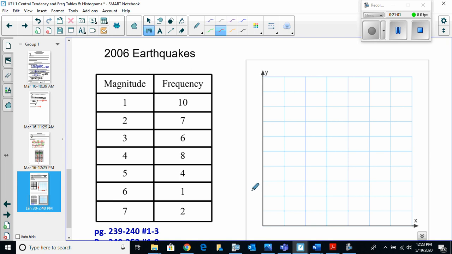So here we will have the frequency, starting with 1, 2, 3, 4, 5, 6, 7, 8, 9, 10. And then on the x-axis, we will have the magnitude. So magnitude 1, we have 10. Then we draw the box that goes like this.